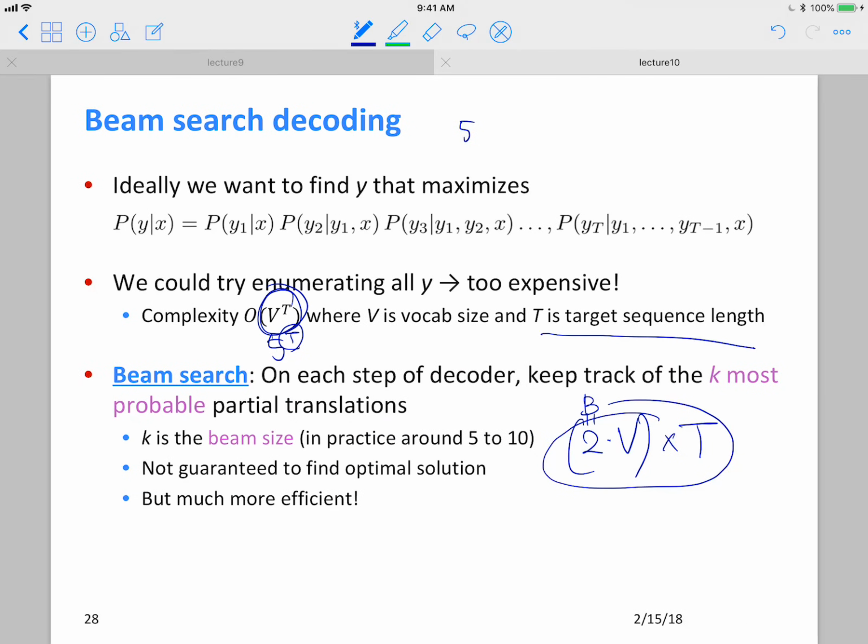Definitely we didn't search that entire space, right? So our generated sequence may be suboptimal, and the true answer that has the largest probability may have a different sequence, right?